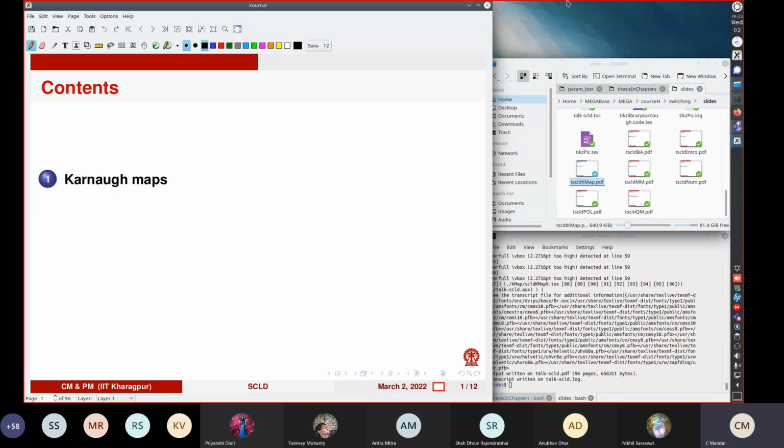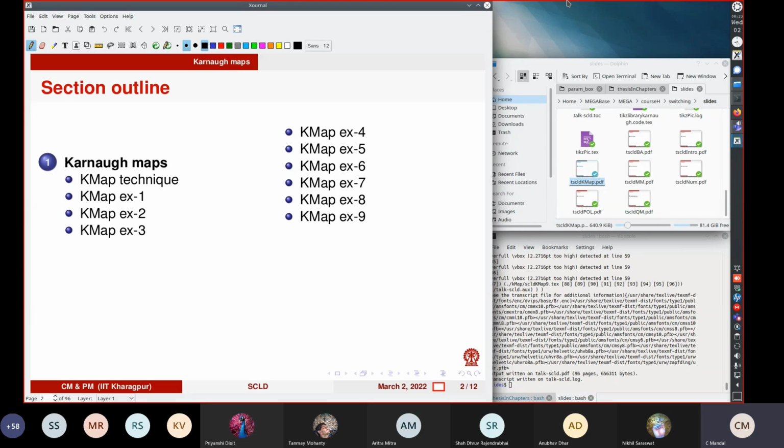I've already given you a notion of the Karnaugh maps. The Karnaugh map method is a way to minimize small Boolean functions manually.